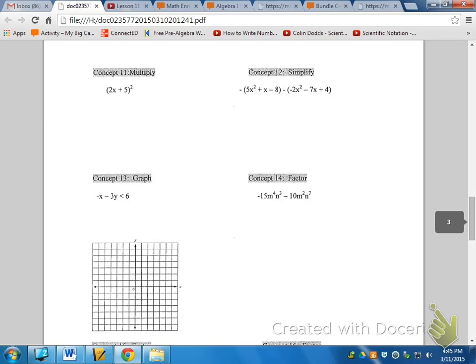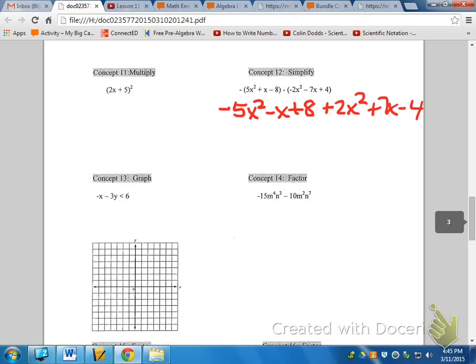Number 12 looks like I need to distribute a couple of times and then combine my like terms. So first, distributing the first negative would be negative 5x squared minus x plus 8. And then the next set would be plus 2x squared plus 7x minus 4.